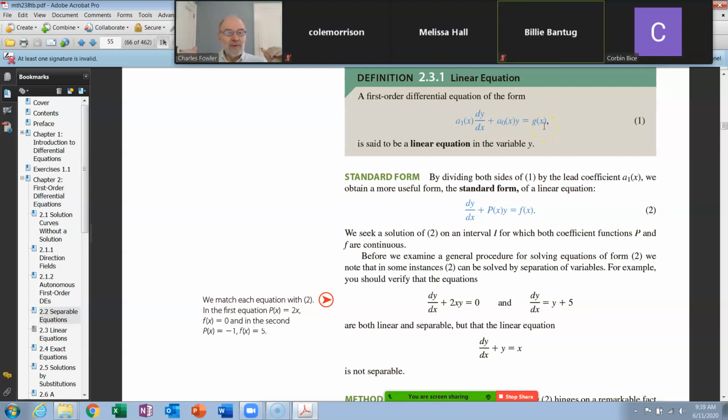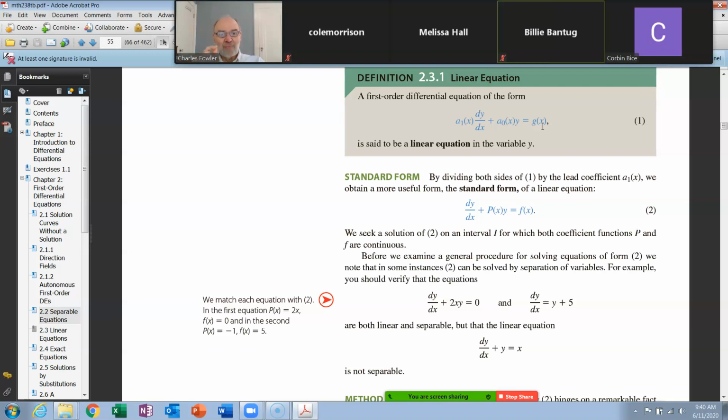Now remember, for this to be a linear equation in y, the dy's can only be to the first power, and your y's can only be to the first power. You can't have any cross multiplications or anything else like this, just that. It doesn't matter what these a functions or g functions are. They're functions of x. They don't have to be linear. They don't have to be anything. They just have to be functions of x. That's said to be a linear equation in the variable y.